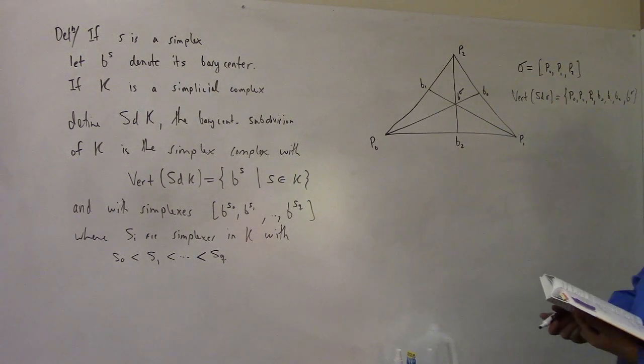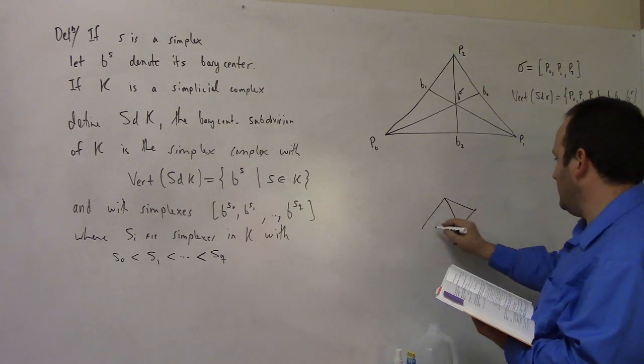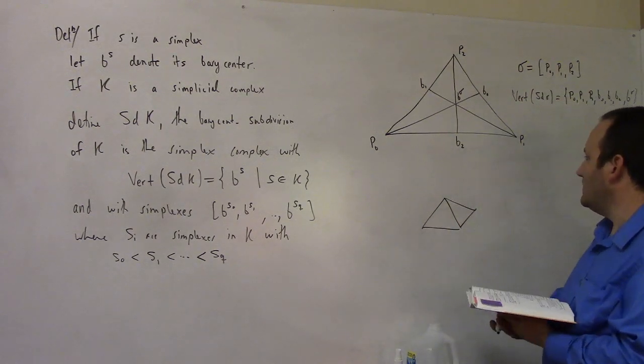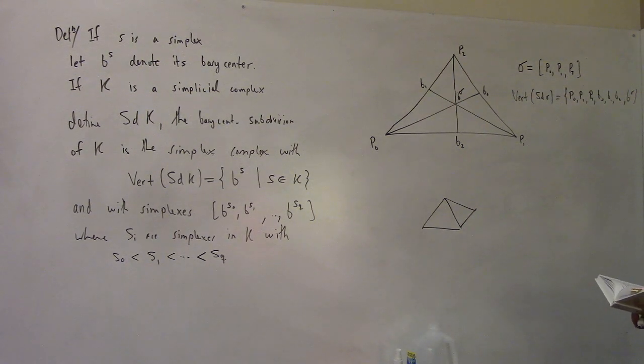So if I have a tetrahedron sitting over here, on its lonesome, you can subdivide that into 24 parts if you want. But you won't get any simplexes connecting something from the tetrahedron with something from the triangle, I think. Unless, of course, we build the tetrahedron as a cone over the triangle or whatever.